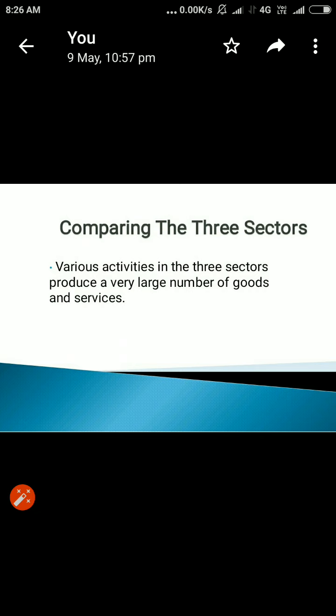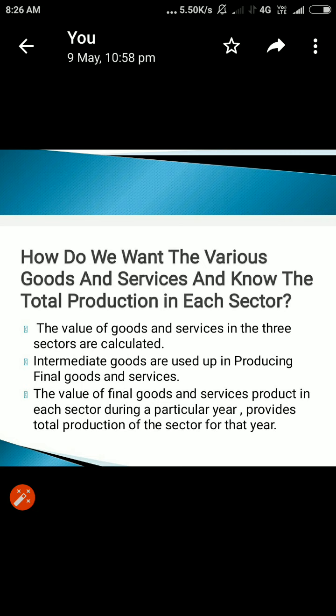To solve this problem, economists suggest that the final goods and services be taken to see the production level and draw comparison among the sectors. Final goods and services are directly consumed by the consumers and are not meant for further production or processing.